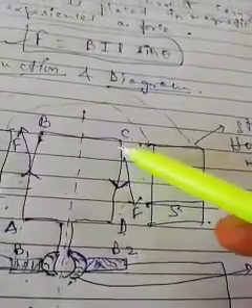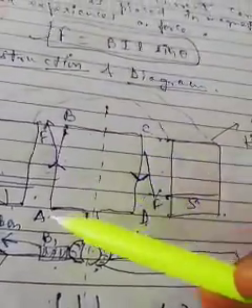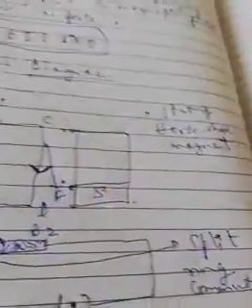So this is the upward force acting on side CD, and this is the downward force acting on side AB of the coil.